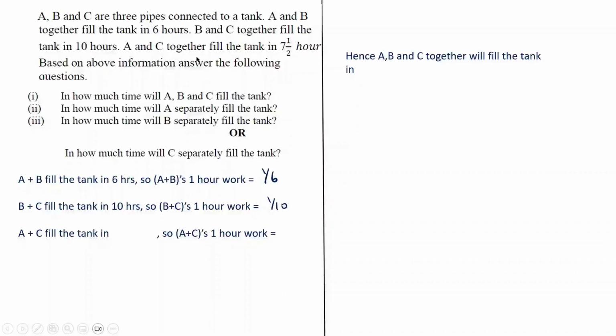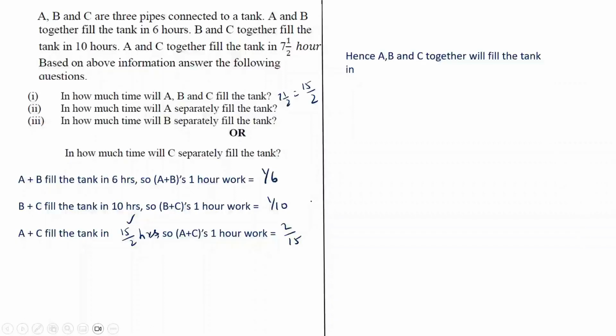And then next we have A and C together fill the tank in 7.5 hours. 7.5 is nothing but 15 by 2. So A plus C fill the tank in 15 by 2 hours. So A plus C's 1 hour work will be the reciprocal of this. So it is 2 by 15.